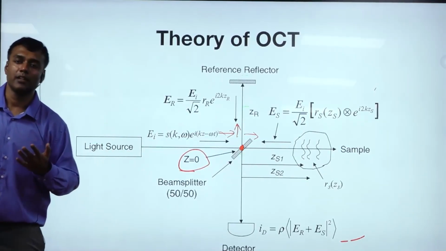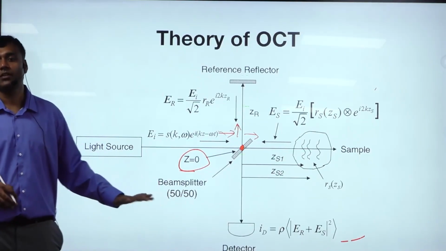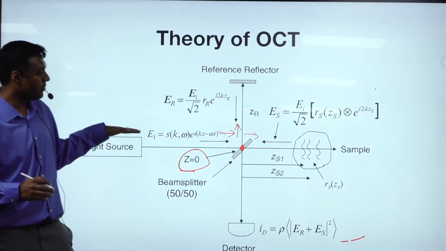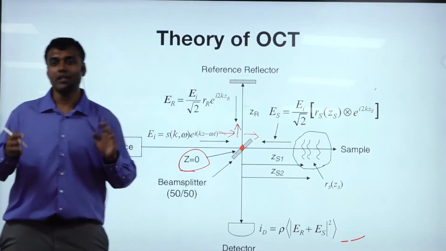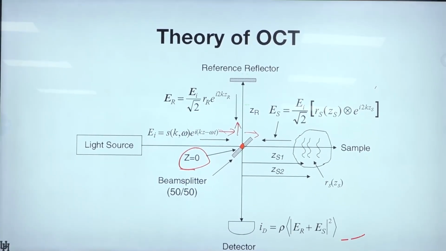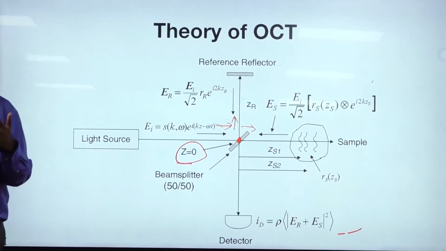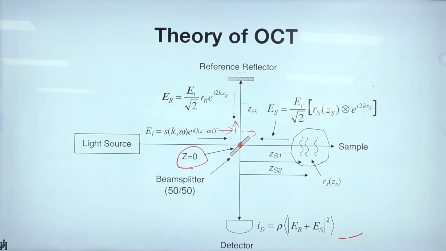For practical reasons in some other systems, you may have, say, 75-25, where 75% may go in one direction and 25% in the other. That's something you can choose. You can have 50-50 splitters, 90-10 splitters, 75-25 splitters, whatever you want. There are different options you can buy.